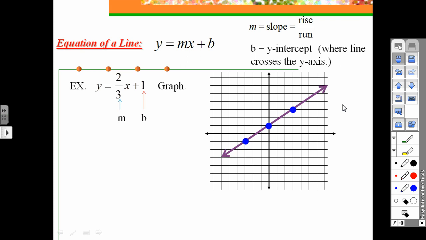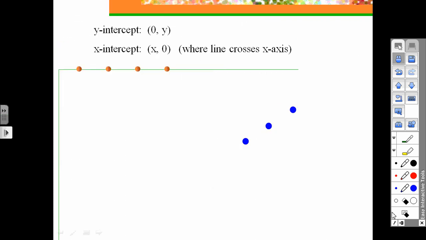Okay. The other option for graphing lines would be to figure out exactly what the x and y intercepts are, and then graph those. So what is the x-intercept? What is the y-intercept? Well, these are the points where the graph crosses the x and y axis.